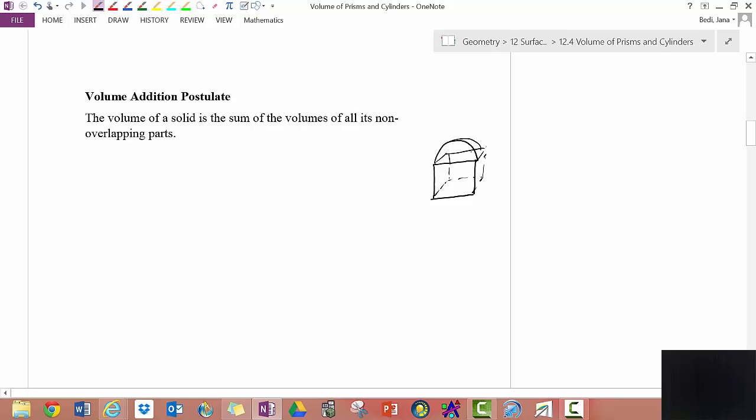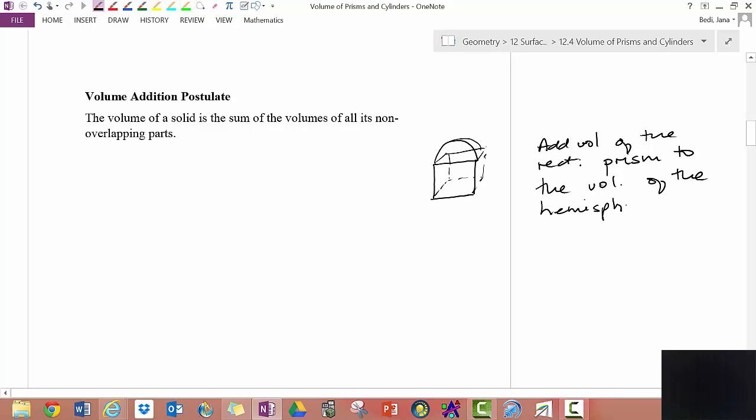You would just add the volumes of the rectangular prism to the volume of the hemispherical top. It's a good thing I'm not taking art classes, but you just add the two volumes. I think that's pretty obvious.